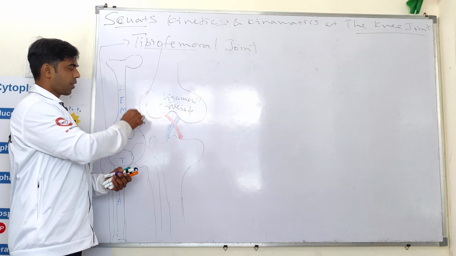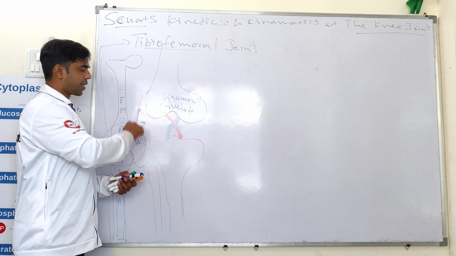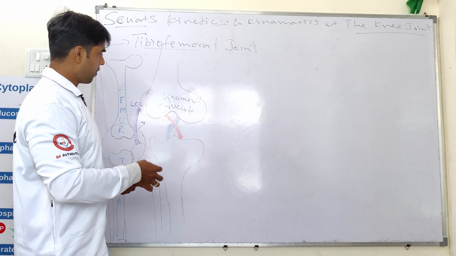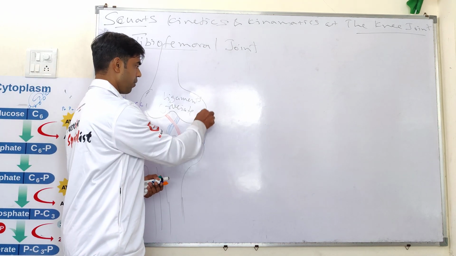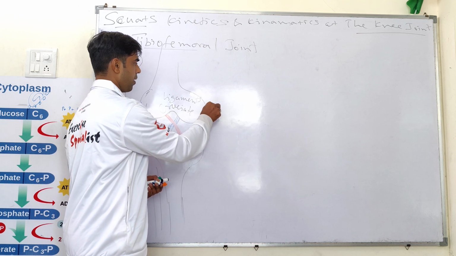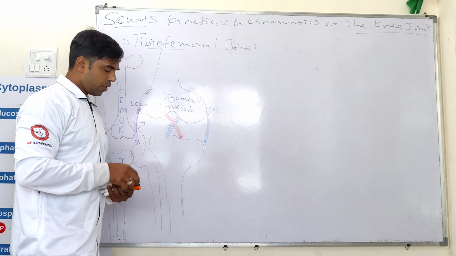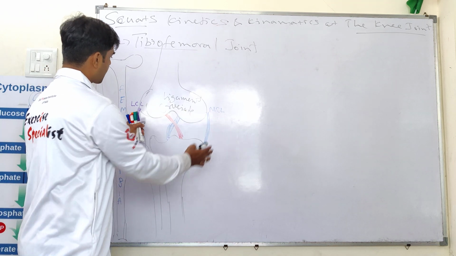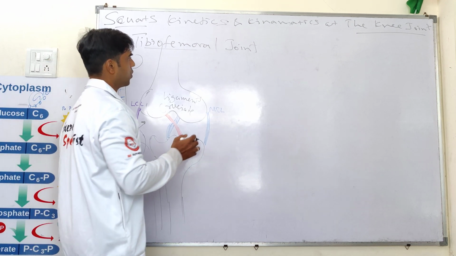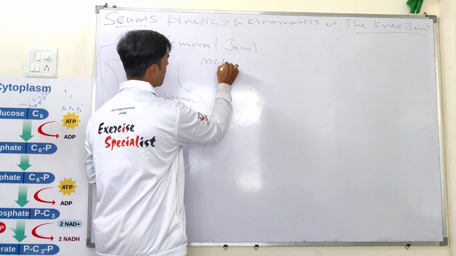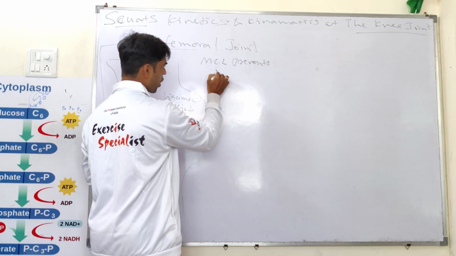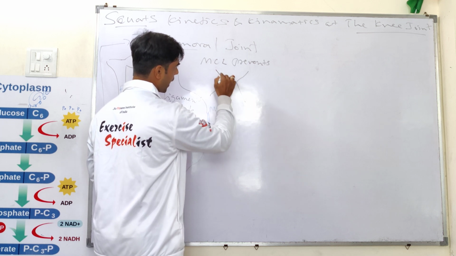And then we have the lateral collateral ligament, LCL, and we have the medial collateral ligament, right? So the medial collateral ligament and the LCL, lateral collateral ligament, what do they do? The MCL prevents knock knees, right?